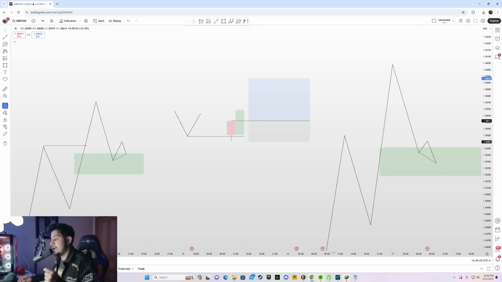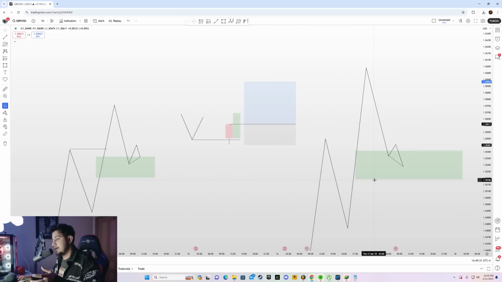So what do we have here? Let's go back and just revise and get a summary of what the strategy is. SMT divergence inside a key level, that could be a fair value gap, an order block, a breaker block, or an inverse fair value gap. Now in this case we have a fair value gap. GBP/USD made a lower low, lower high, lower low, but EUR/USD failed to create a lower low.